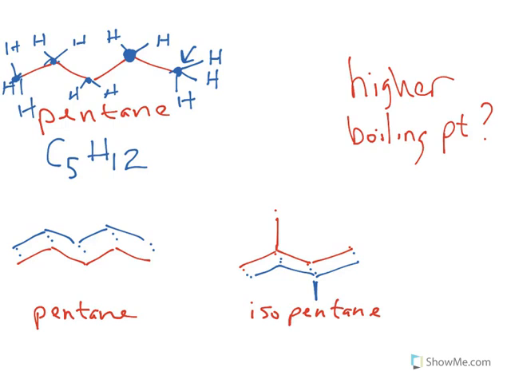The answer is yes. The boiling point for pentane is 309 Kelvin, and the boiling point for isopentane is 283 Kelvin. So is that a big difference? Yeah.